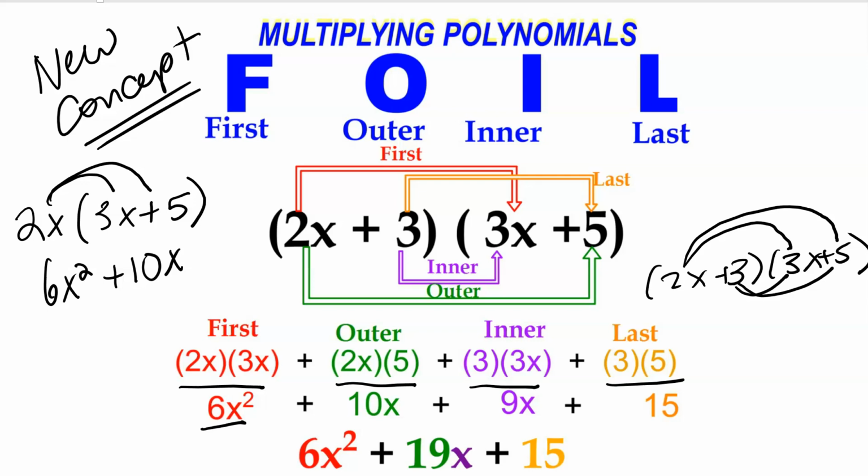We're going to water the flowers like you did in 6th or 7th grade, but you're watering the flowers twice because we have another term. We have a binomial. So what will happen in these cases is that the outer and inner terms will combine to form this term right here.